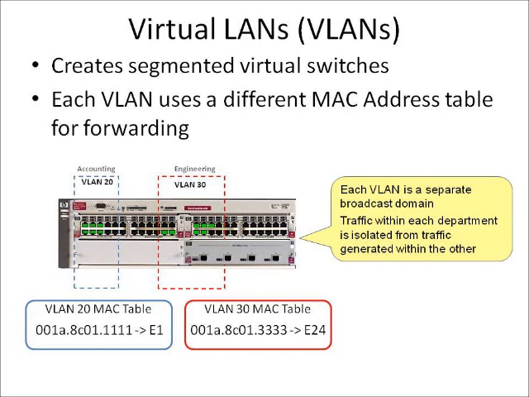Those devices work and act as if they're on their own layer 2 segment, or essentially their own Ethernet cable, so to speak, and they cannot talk to devices on another VLAN directly. There are some ways to do that, which we won't go through right now, but this allows me to segment my network very simply utilizing one switch.